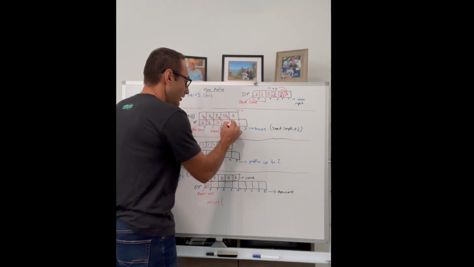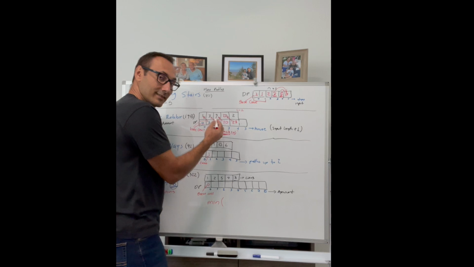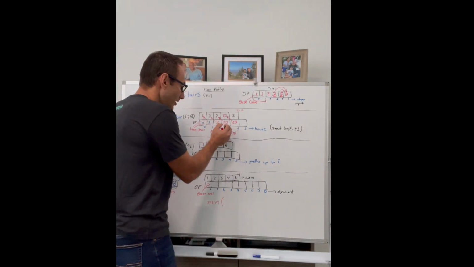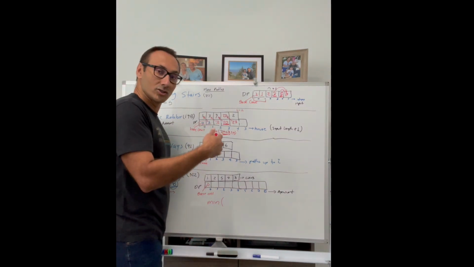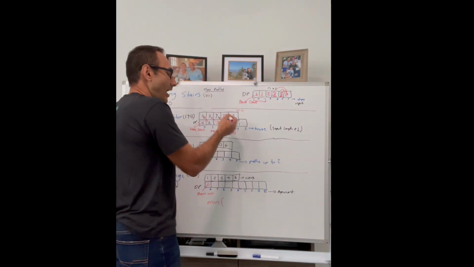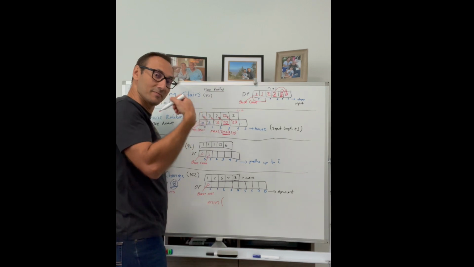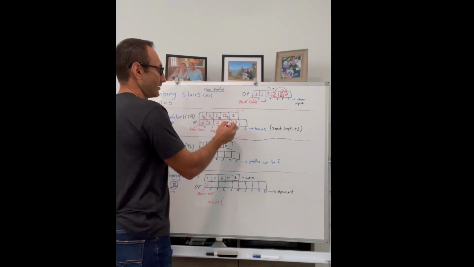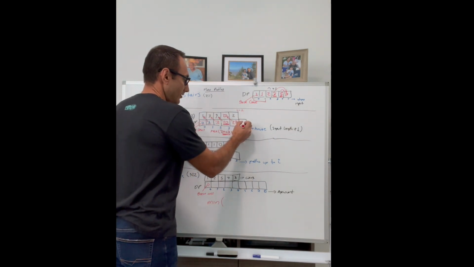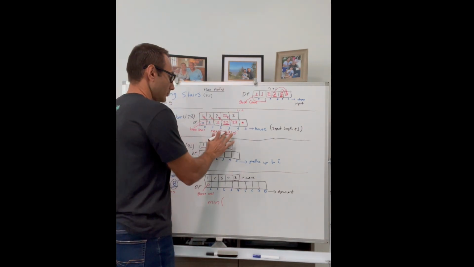So even though I had made a decision here because it was greater, I just changed that decision because I'm tracking 2 decisions back. That's the beauty of this approach, right? And so finally here, I'm going to do the same.